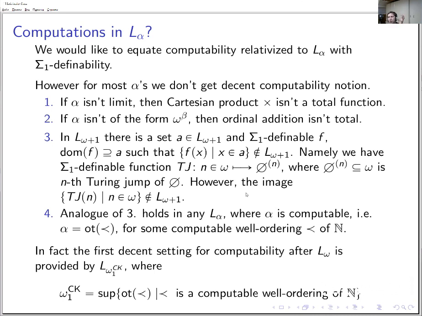Yeah, so basically the idea, this example would be more or less the same, but rather than taking this n iterate of Turing jumps, we need to take some transfinite Turing jumps.